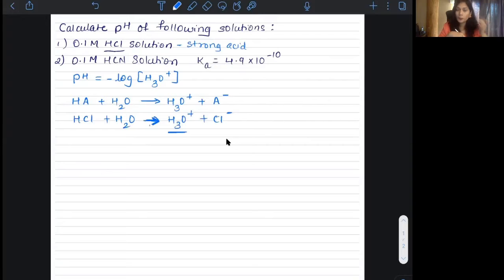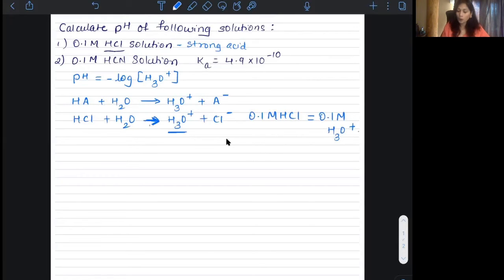So for example, if I gave you a 5 molar HCl solution, you are going to end up with 5 molar hydronium ions because every molecule of this HCl is going to dissociate into hydronium ions. So in this case, since I have a 0.1 molar HCl solution, I know this is going to give me 0.1 molar hydronium ions.